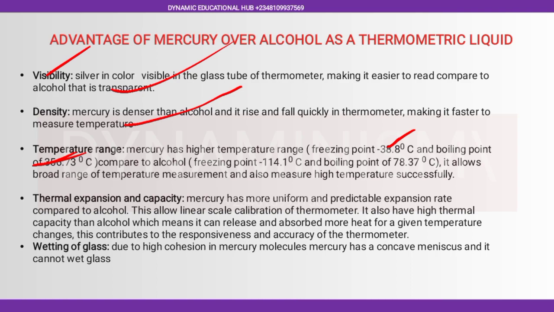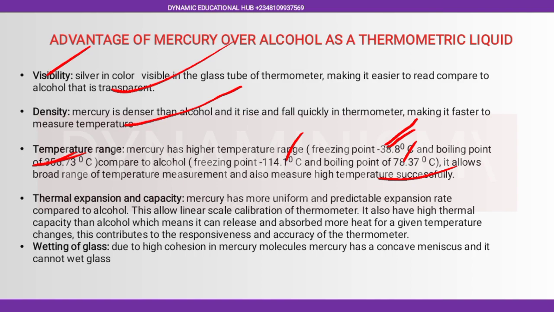You see that mercury has a higher temperature range compared to alcohol. It allows a broad range of temperature measurement and also measures high temperature successfully compared to alcohol. Alcohol is freezing at this point. Mercury is freezing at this point.